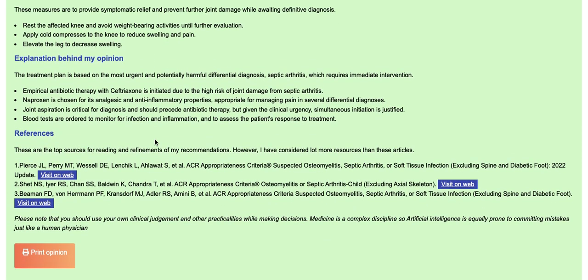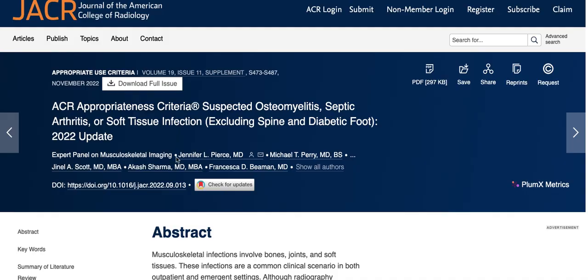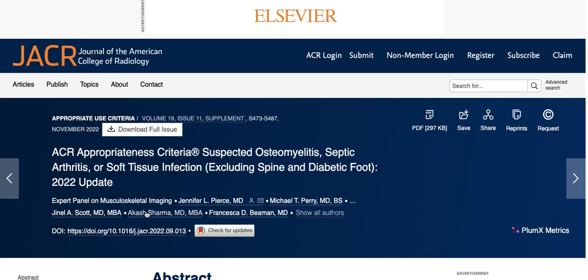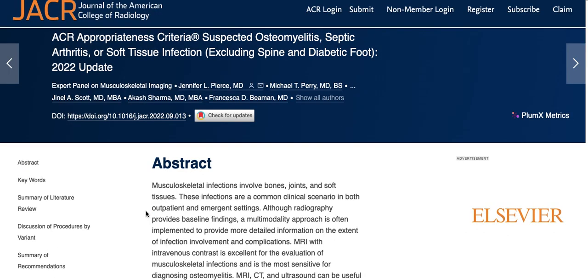So let's just go through the link and see whether it opens. Right, so this is the first link. While it takes some time, let's also load the other references. This is the second reference, and this is the third reference. All right, so the first reference has been loaded. So this is the ACR appropriateness criteria for osteomyelitis, septic arthritis, or soft tissue infection.